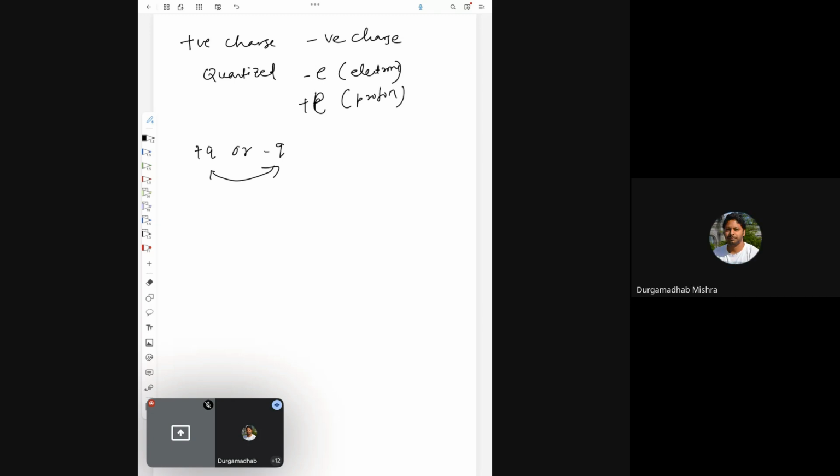But in this case, there is no physical contact between these two interacting objects. There should be a certain medium through which they interact. That medium is what you call an electric field.